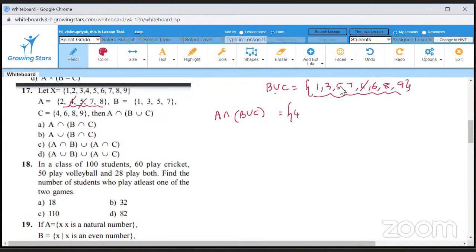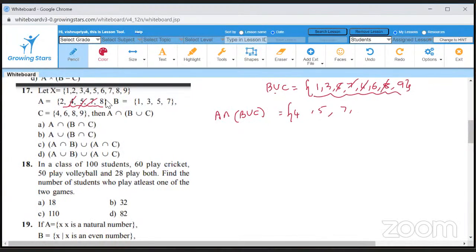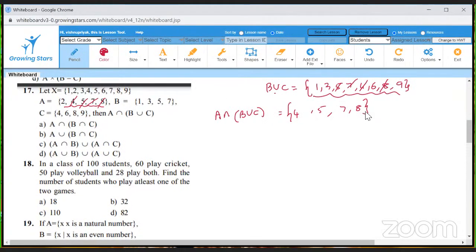Then 5 is common. Then 7 is common. 9 is not common. 8 is common. So 4, 5, 7, 8. This is A intersection B union C. But which of the options is correct?